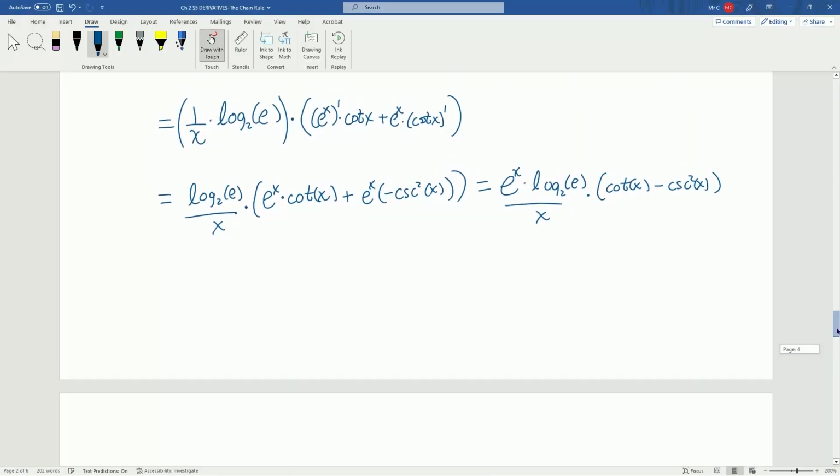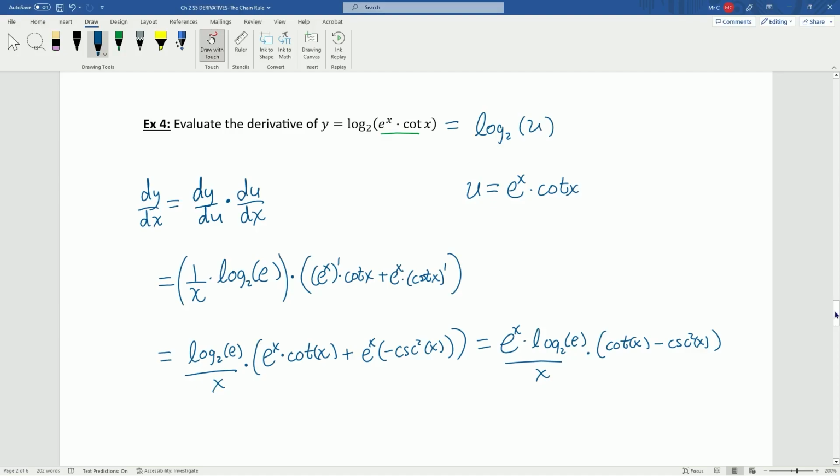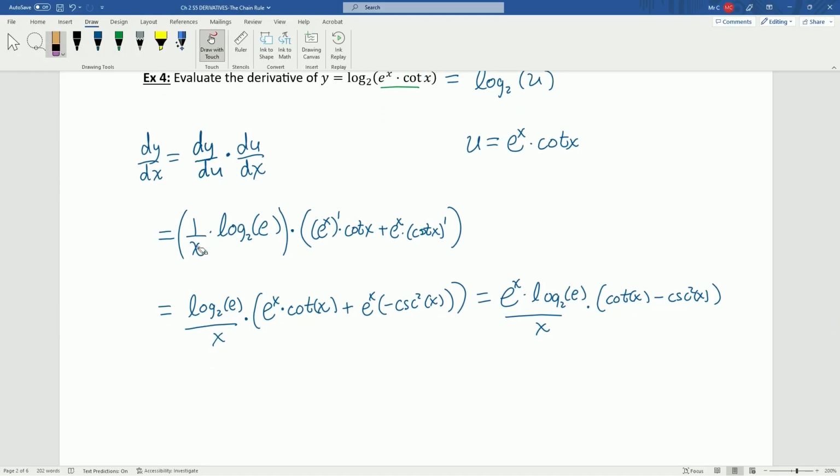Oops, I made a very silly mistake earlier. That should have been 1 over u times ln, times log base 2 of e. Sorry about that, everyone. That was the derivative with respect to u here. And so I've got to plug that u back in. It's e to the x times cotangent of x.